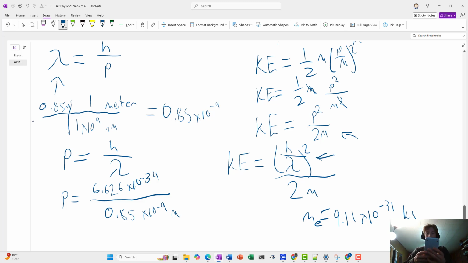So we square that value, and then we divide it by 2 times our mass of the electron, which is 9.11 times 10 to the negative 31. We plug that all in, and I get a value that says the kinetic energy is approximately equal to 3.335 joules, because energy is in joules. So that's the first part of our problem.